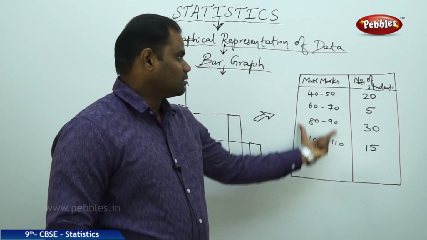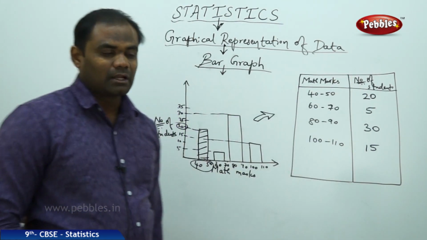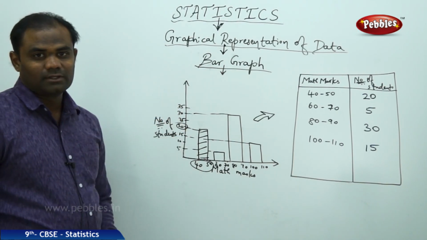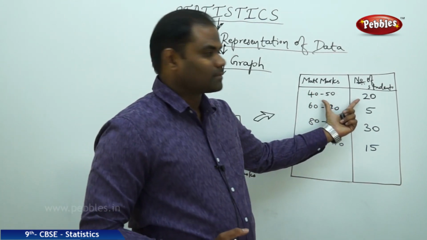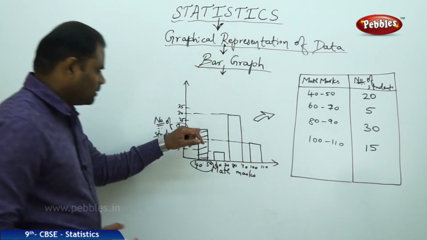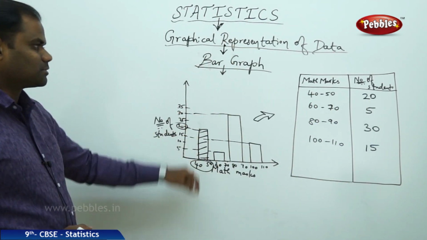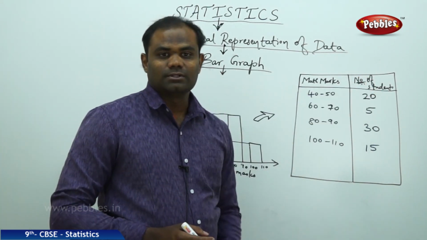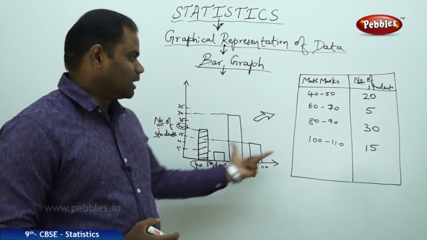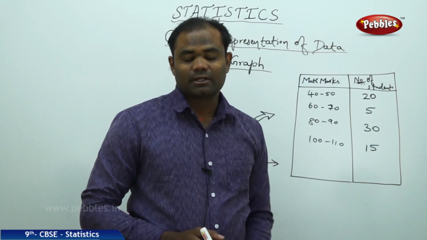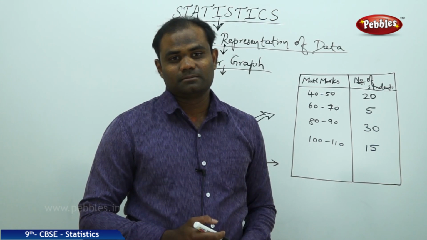So class interval and frequency is understood through the bar graph. The size of the bar gives me the class interval, and the tip of the bar touching the y-axis gives me the number of students. That is how we understand the bar graph, helping me in deriving a construction of frequency table.